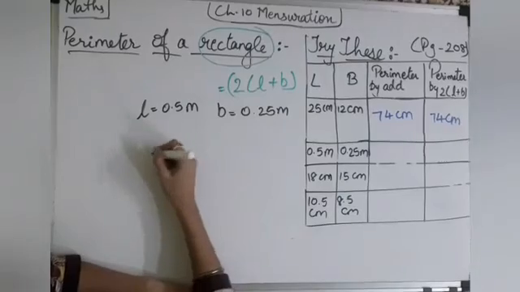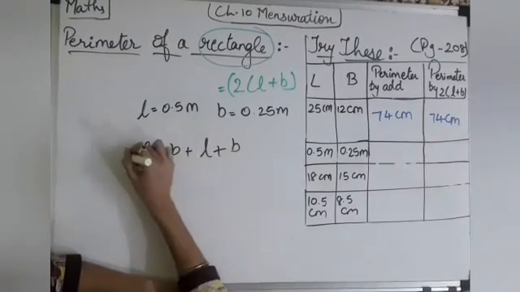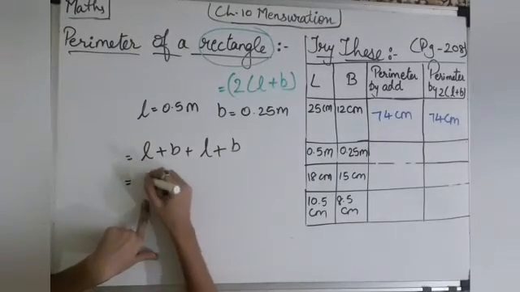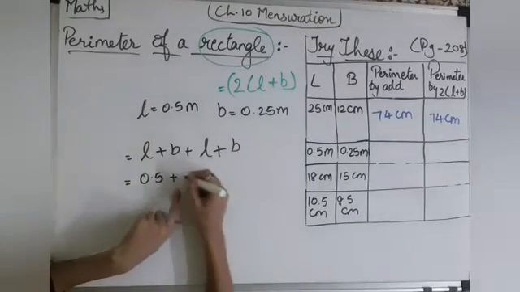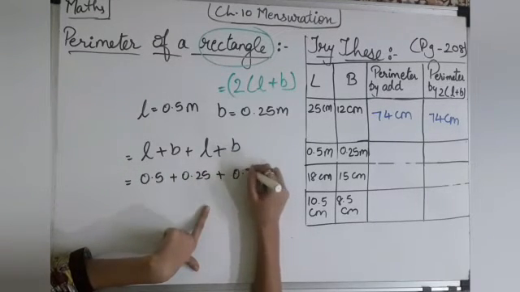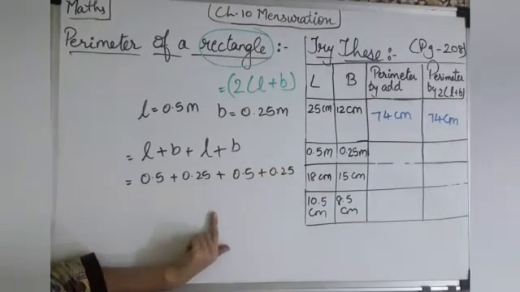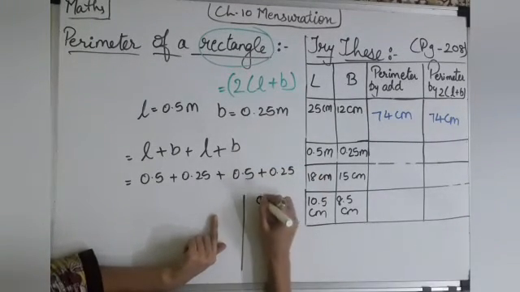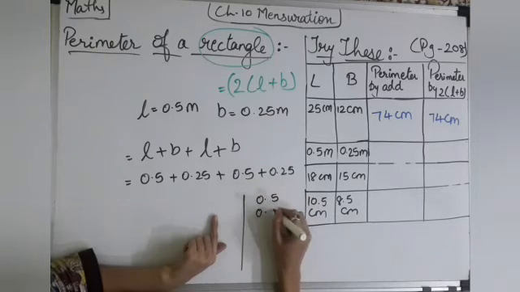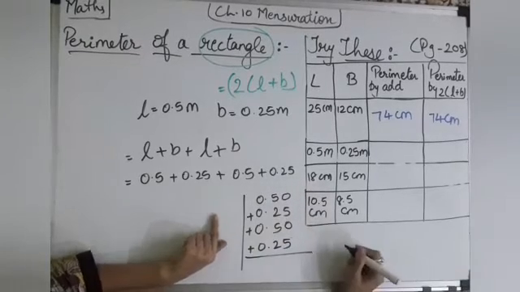So first while adding, we will do L plus B plus L plus B. So L is 0.5, B is 0.25, again L is 0.5 and B is 0.25. We will add 0.5, 0.25, 0.5 and 0.25. Nothing is there, so 0 is there.